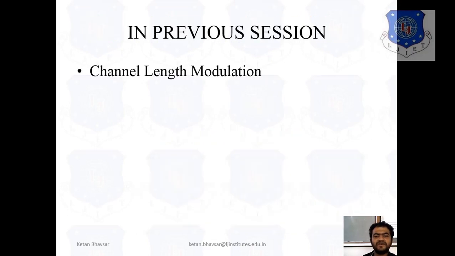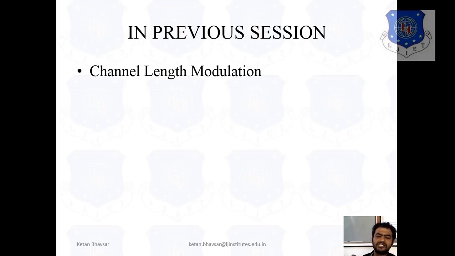In the previous session, we discussed channel length modulation in the saturation region: as we increase VDS, the channel length starts to reduce, and after some time it leaves the drain point and a new point is created. It is called the pinch-off point.